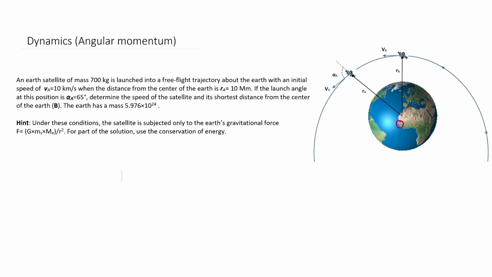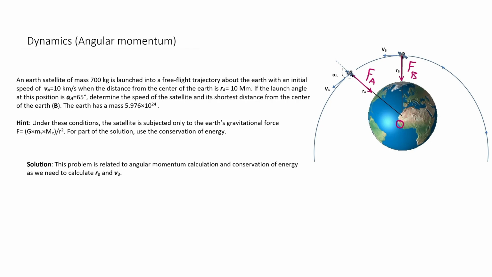So there is only one force acting on the satellite, and that is the gravitational force. It means that we have forces acting toward the center of the Earth, which I'm calling O, and I have FB and FA at each location toward the center of the Earth, as I'm showing here. So now I need to know how I can solve this problem.